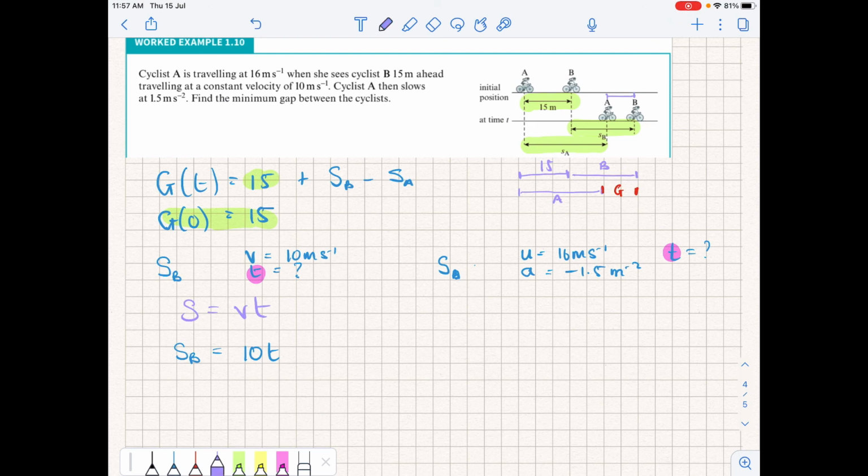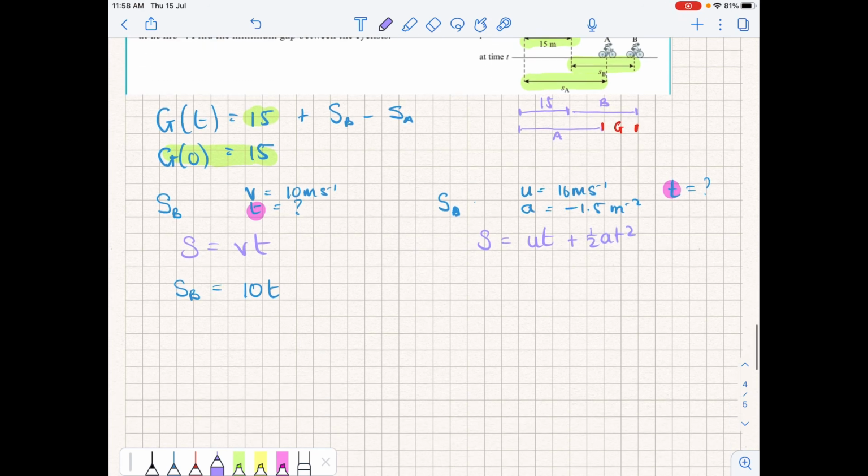So the formula I will choose to use here, based on the information I have and what I want to have, is displacement equal to ut plus a half at squared. So we need to now place in the values that we have.